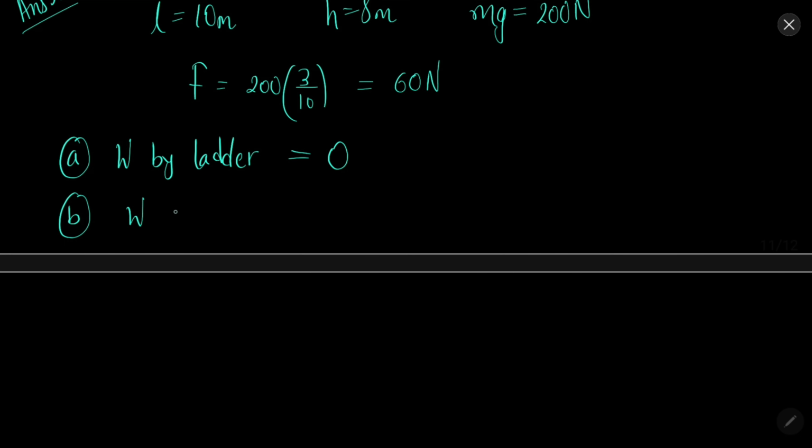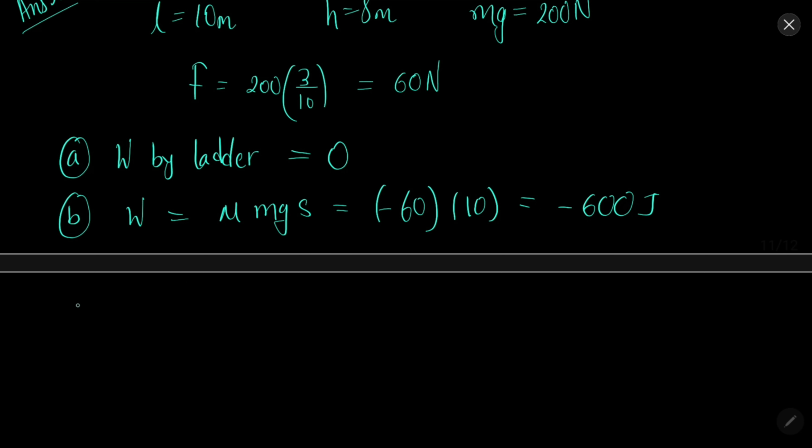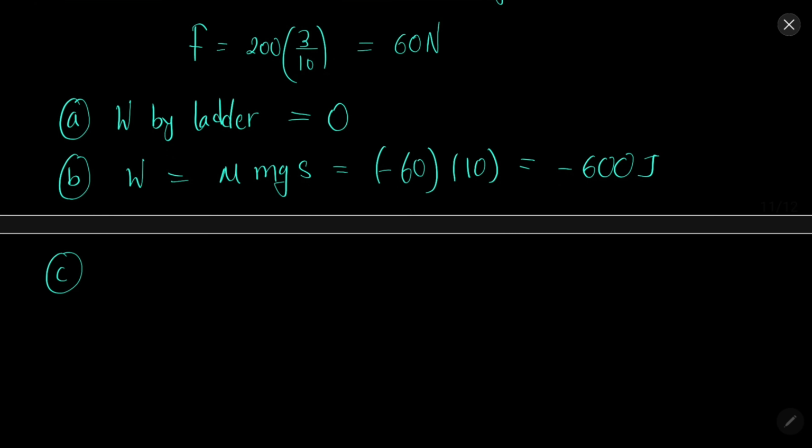Then work done against frictional force will be μ, that is frictional force, into displacement, and frictional force is μ into normal force, and normal force is mg. So μmg s, and we directly know the frictional force, it will be 60 newton, it is given, and displacement is 10, so minus 600 joule, minus because friction is doing negative work.